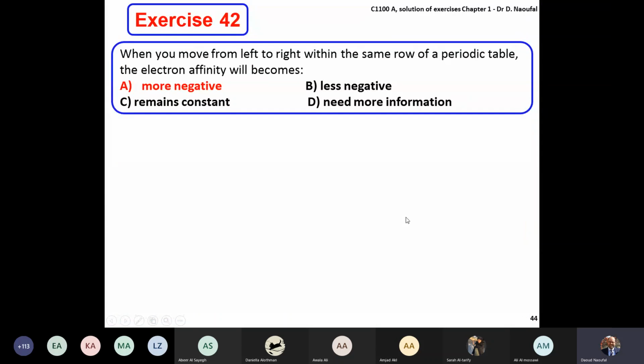The last exercise, exercise 42. When we move from left to right within the same row of the periodic table, the electron affinity will become more negative, remain constant, become less negative, or need more information.